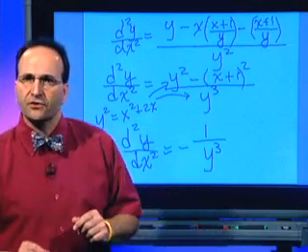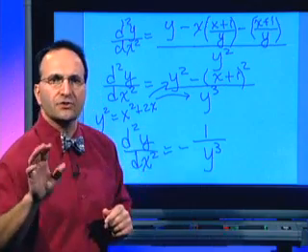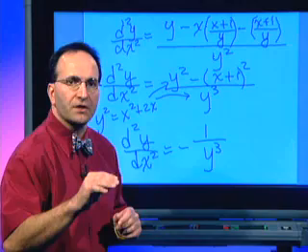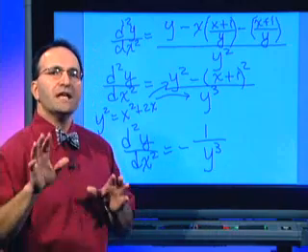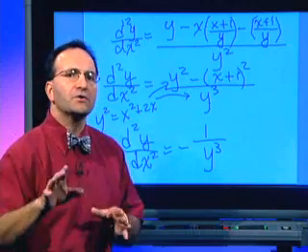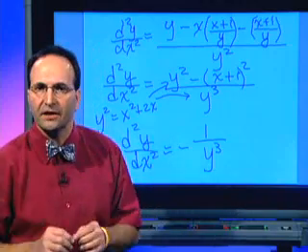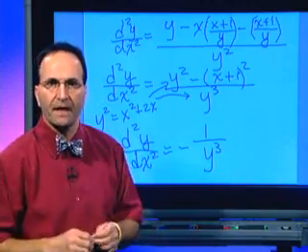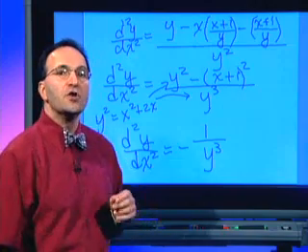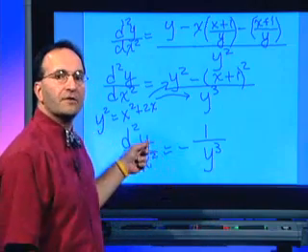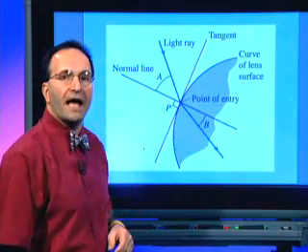In the law that describes how light changes direction as it enters a lens, the important angles are those that the light makes with the line that's perpendicular to the lens surface. This is called the normal line to the surface at the point of entry.